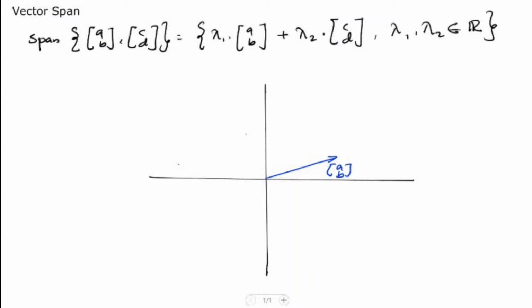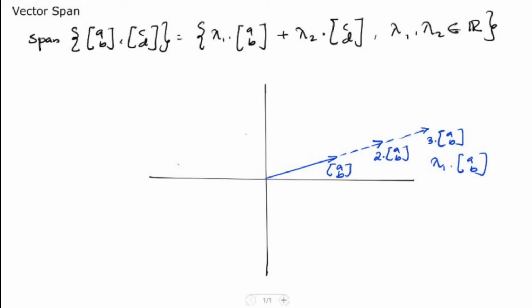Now, if you want to extend the vector AB here, this will be on the same line, so we could just extend it here. And then maybe up till here, the extension would be 2 times AB. And maybe up till here it is 3 times AB. So in general, you could say any extension on AB would be lambda 1 times, so any real number, times AB.